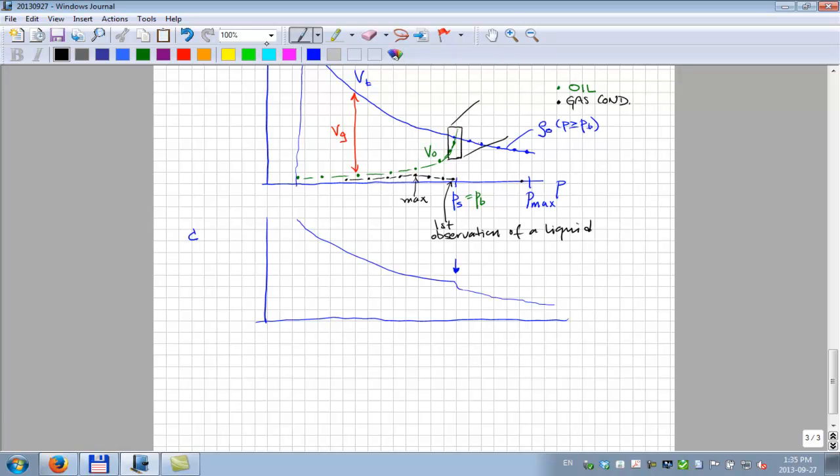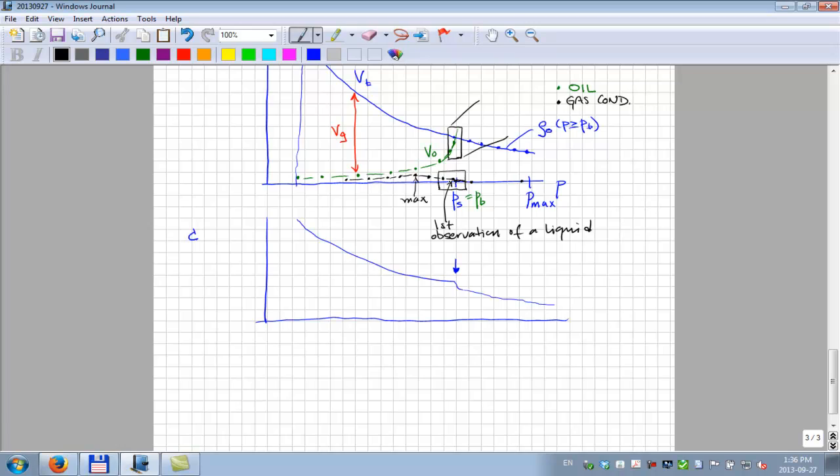And again, in order to find out what is the dew point, you have to blow up these few points, and you have to extrapolate. So you might extrapolate back here. Maybe you had the last pressure here. You might extrapolate there, or it could be there, or it could be there.